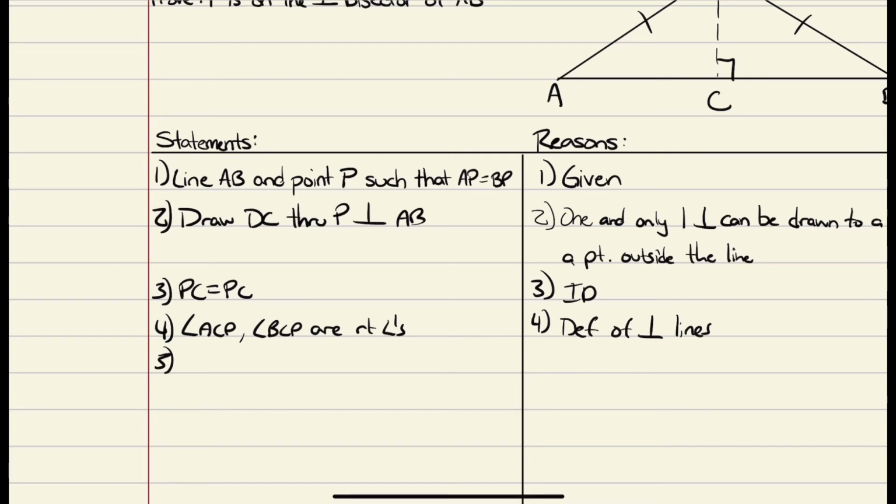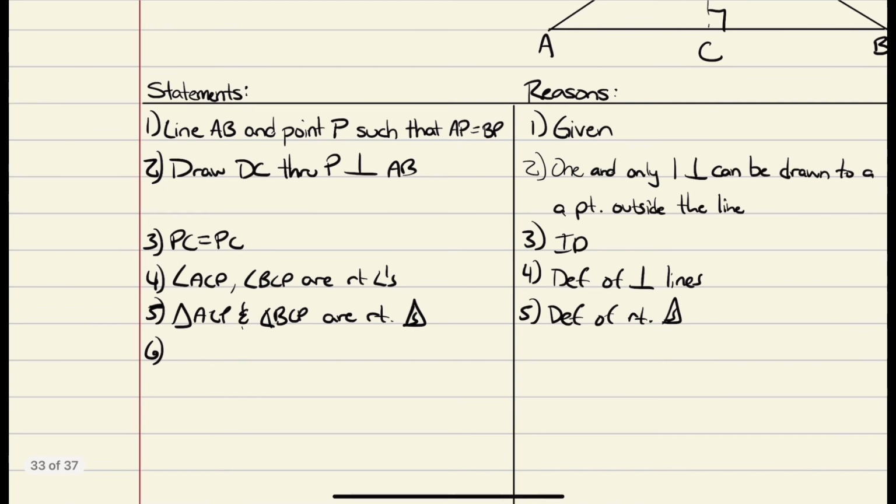Triangle ACP and triangle BCP are right triangles. Definition of right triangles. Number 6, we can state that those triangles are congruent to each other. Triangle ACP is congruent to triangle BCP.